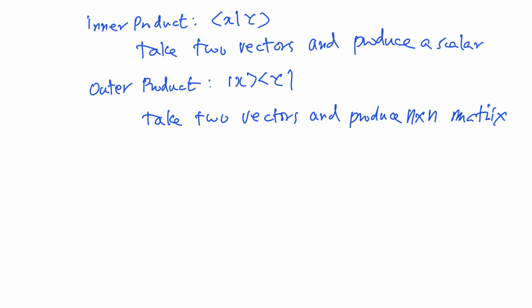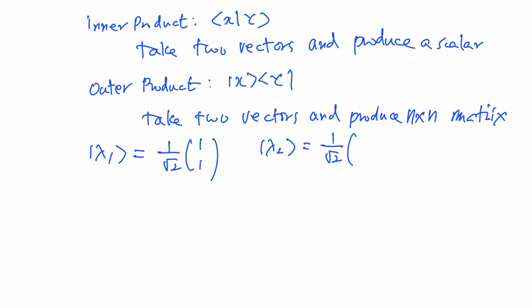So let's do some practice. Say we have a lambda 1 vector, 1 over square root of 2 times 1, 1. Lambda 2 vector, 1 over square root of 2 times 1, minus 1. Let's say lambda 1 is equal to plus 1, lambda 2 is minus 1.